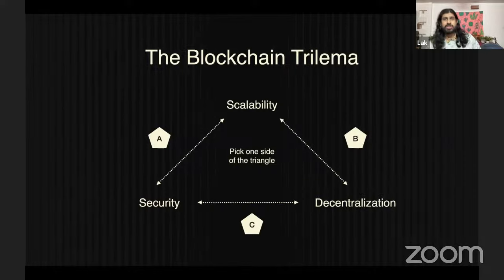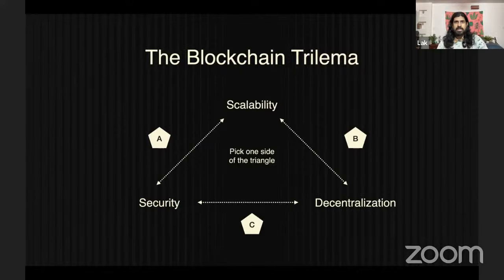So if we take a look at security, in the blockchain context, it means the ability of the network to protect itself from attacks, from fraud and unauthorized access. Decentralization represents the distribution of authority and not allowing one party to essentially control the entirety of the network. In a decentralized blockchain, there's no central authority that has excessive or exclusive control.